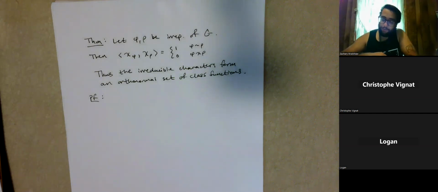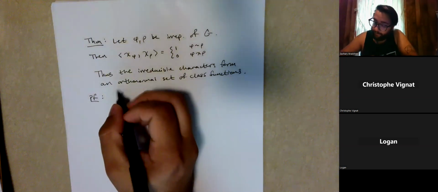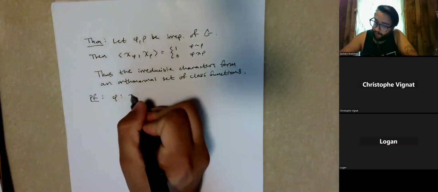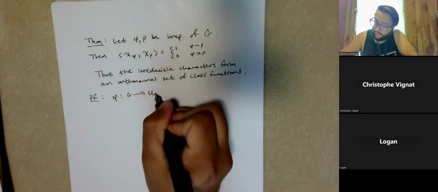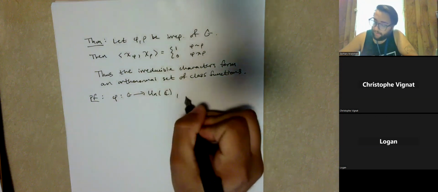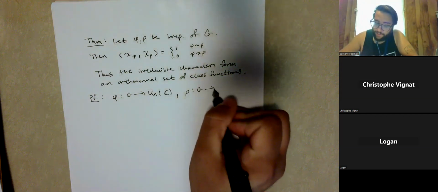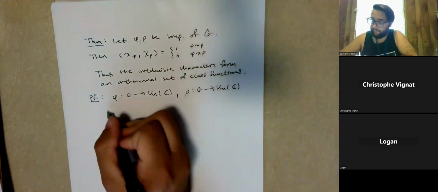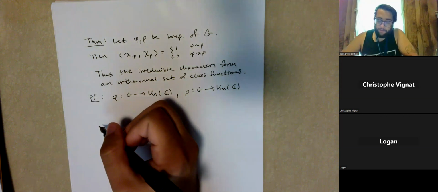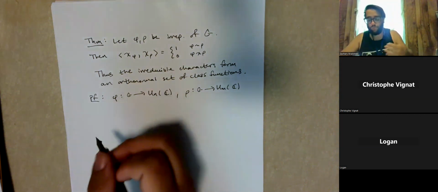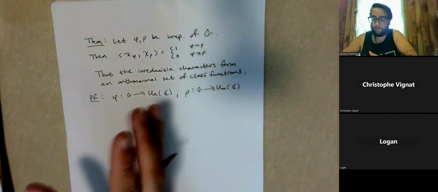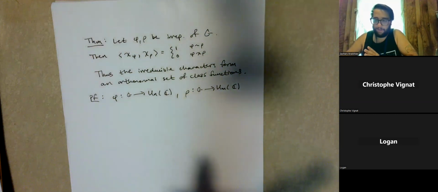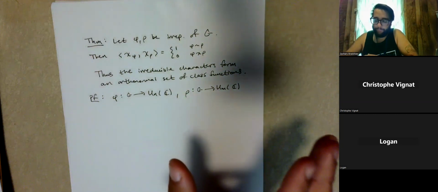So we can safely assume that phi and rho are unitary. Remember, equivalent representations have the same character, so that's the reason that we're using this property.